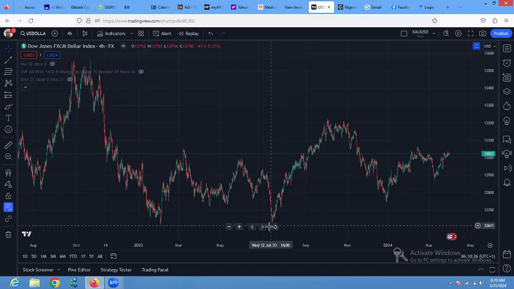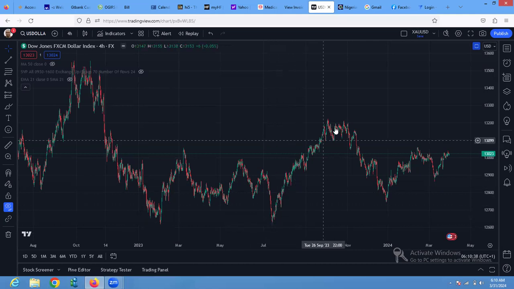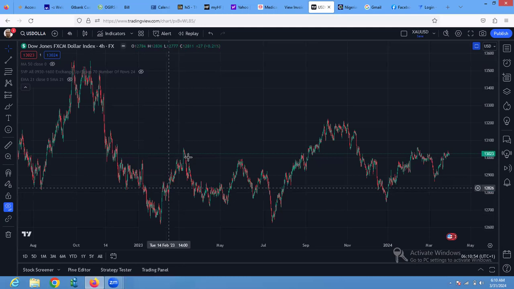So looking at this one, this is an impulse. If you look at it, it's an impulse until we had this break. So this is an impulse to the upside, which truly represents a C. Here, does this look like a three-wave?